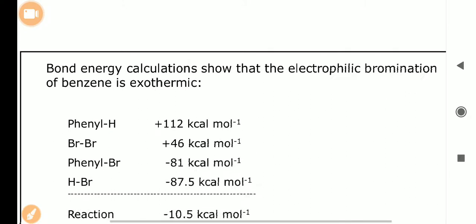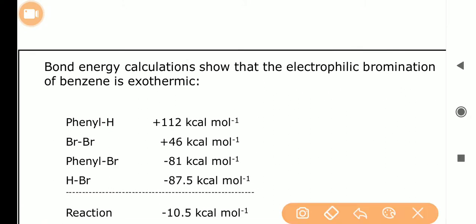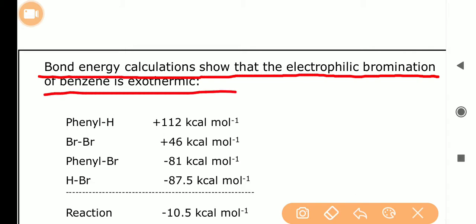Now, to understand the reaction, we go through some calculations to see whether the reaction is endothermic or exothermic. The bond energy calculations show that the electrophilic bromination of benzene is exothermic. Exothermic reactions are those in which heat energy is released during the reaction.